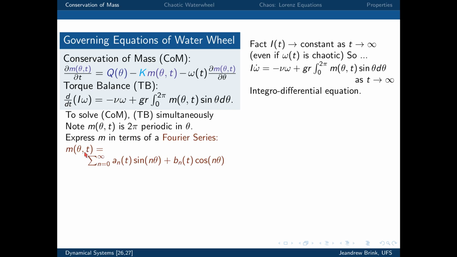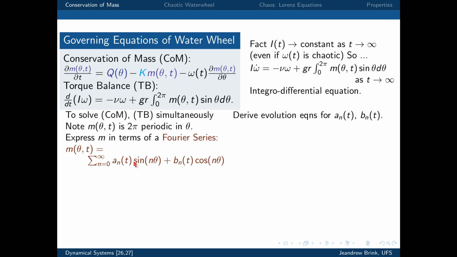We can say it's some coefficient a n of t that's dependent on time, which basically tells me the amplitude of that thing, multiplied by sine n theta, plus a different coefficient, b n of t, multiplying cos n theta, and I'm going to sum over all possible harmonics of theta. So I've basically made a decomposition of this m in terms of its sine and its cosine components.